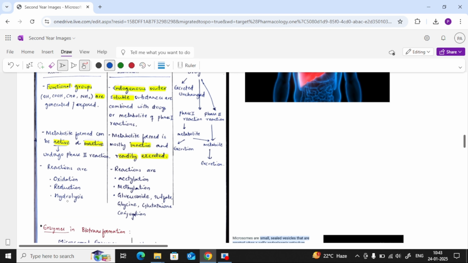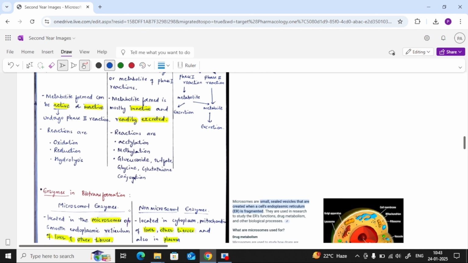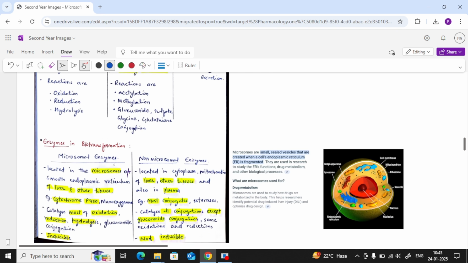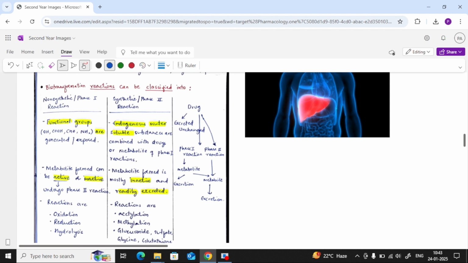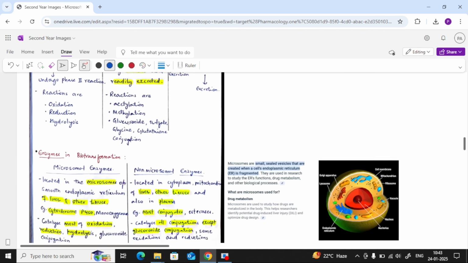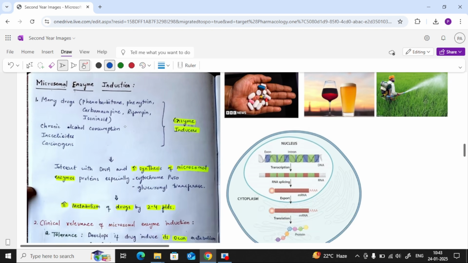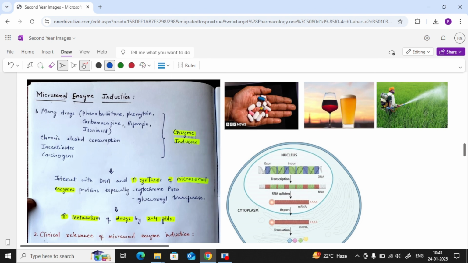These are the reactions happening in phase 1, and these in phase 2. If the enzymes are in the microsomes of the smooth endoplasmic reticulum, they are microsomal enzymes. If they are in the cytoplasm and mitochondria, they are non-microsomal. Microsomal enzymes mainly help in phase 1 reactions, and non-microsomals mainly help in synthetic reactions. Understood? Let's move on to the next question, microsomal enzyme induction.